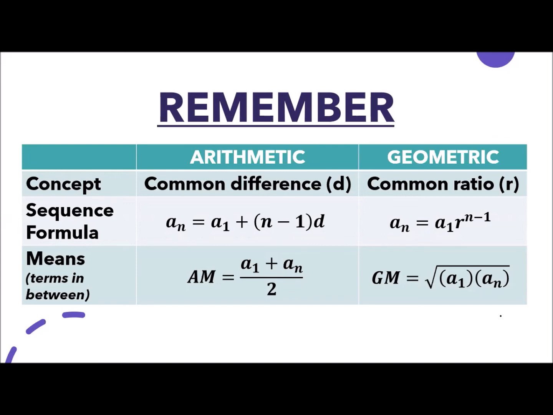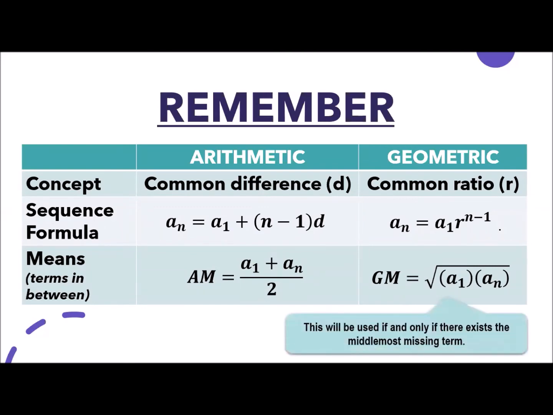Okay? So, we're going to use the formula, again, in geometric sequence, a sub n is equal to a sub 1 times r raised to n minus 1. Pero, if there is the middlemost missing term, doon natin gagamitin yung isang formula, yung shortcut, katulad nung sa arithmetic means.